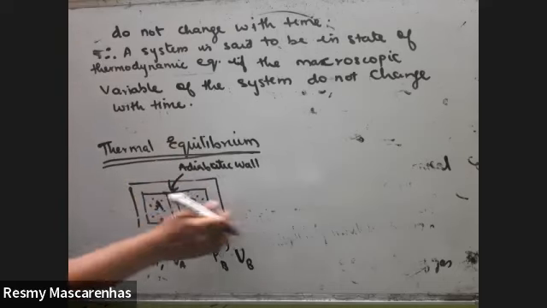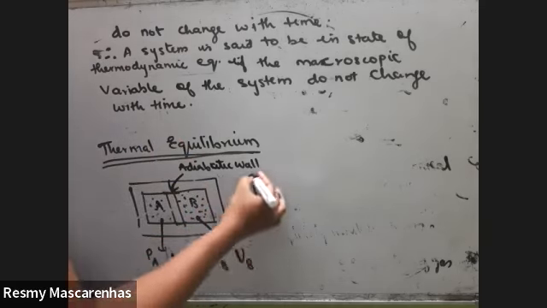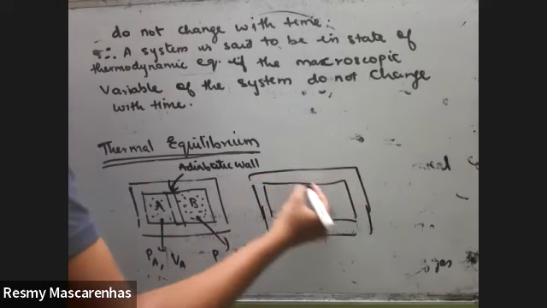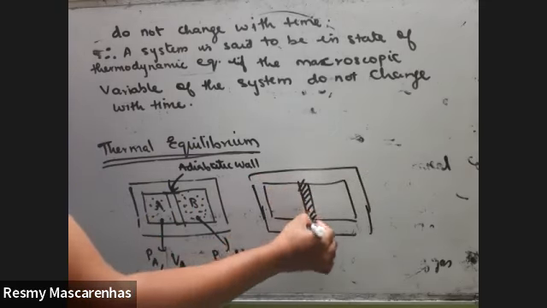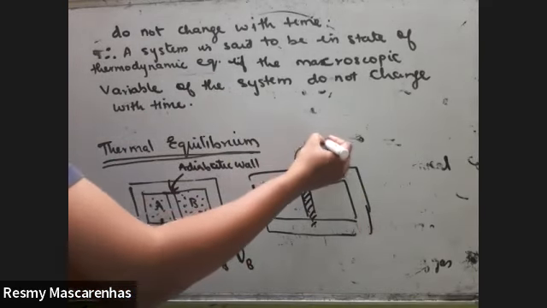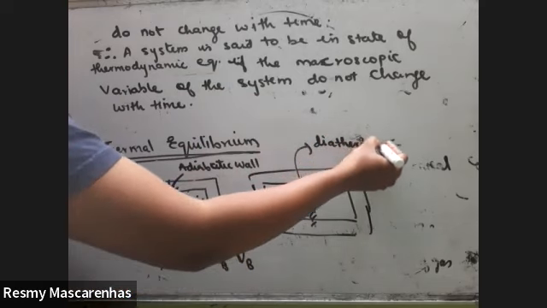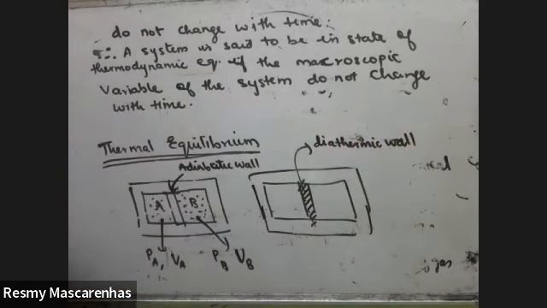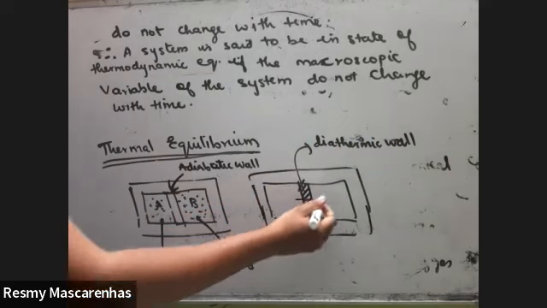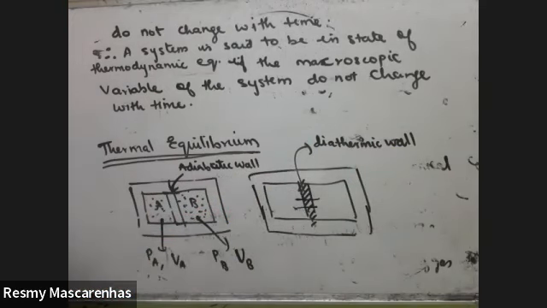Now what we do is we just remove this wall and replace it with the other one, a diathermic wall. Now what will happen? Suppose this was at a different temperature, and this was at a different one. Energy will start flowing between them, from higher to lower, whichever way it is.